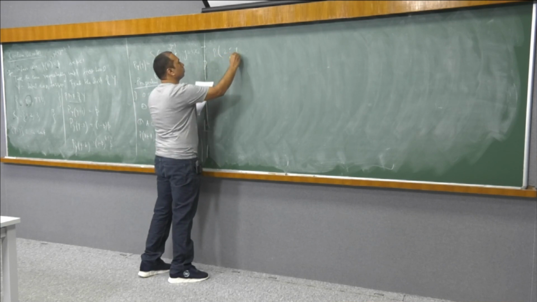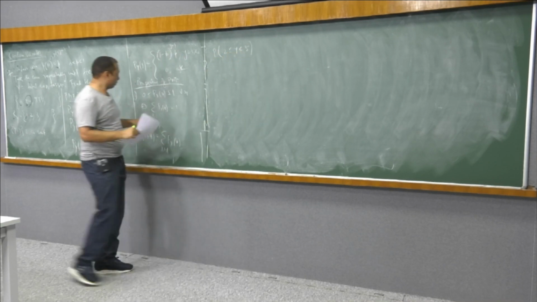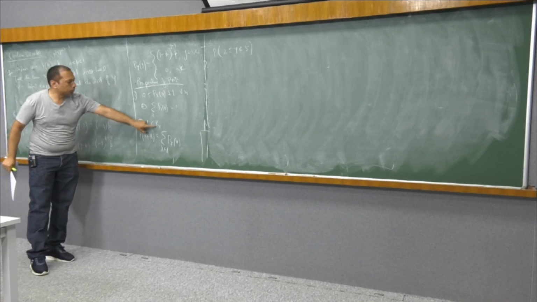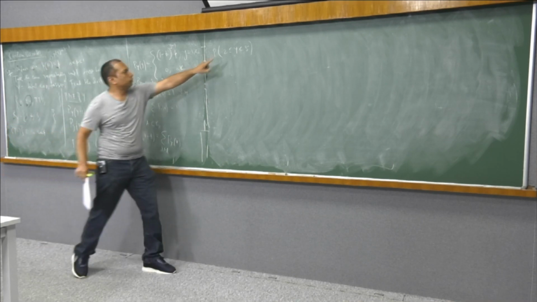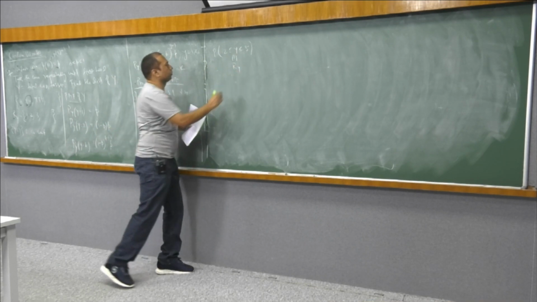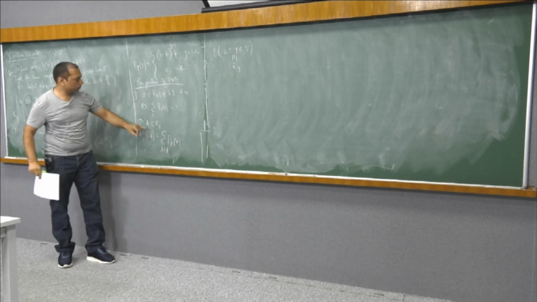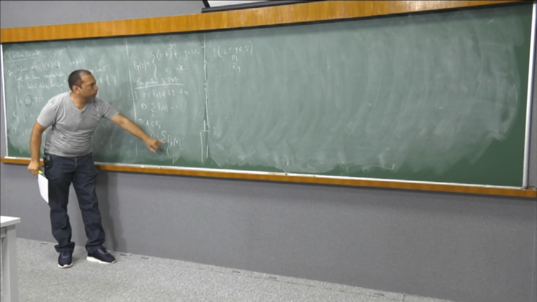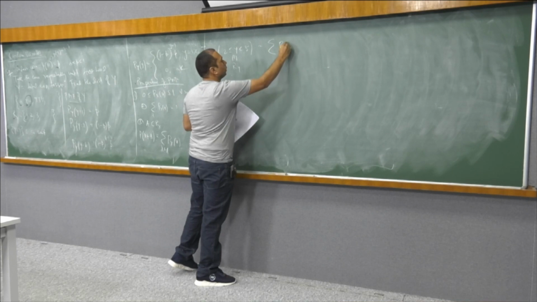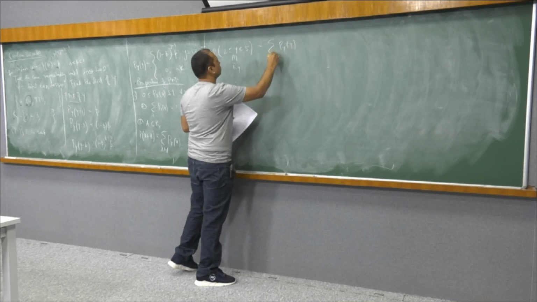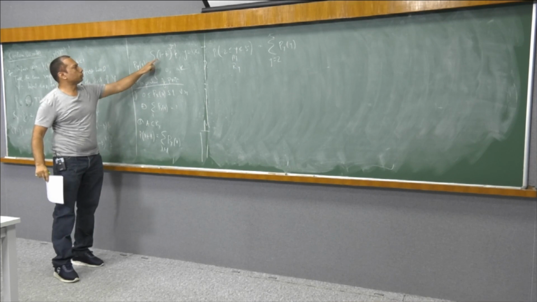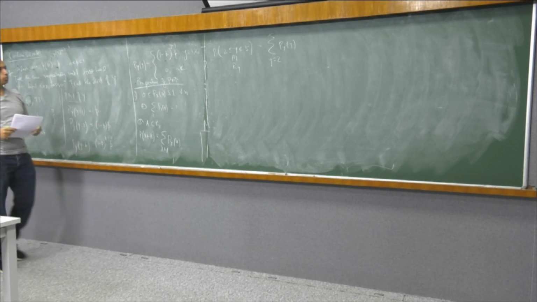So 2 less than or equal to y less than or equal to 5. According to this rule, since this event A is a subset of the range of y, to compute the probability I just sum over the probability values. So this is the sum over y equals 2 to 5, and all these values for 2, 3, 4, 5 are here. You can just sum over them to get the answer.